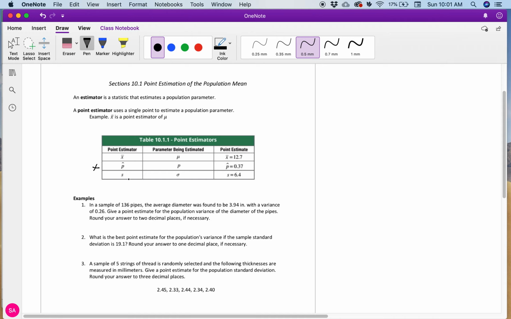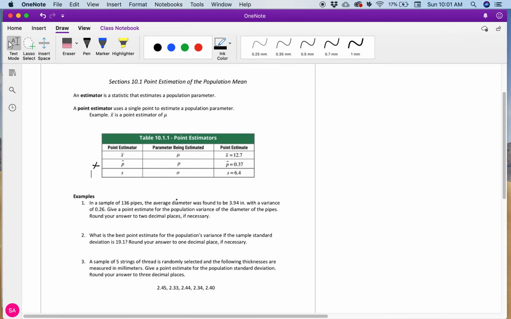And sample standard deviation, I was like, what's S? That's standard deviation. We use that to estimate population standard deviation. So really, everything in 10.1 is really short, and it's stuff we've already talked about. We're just kind of reiterating a few things.